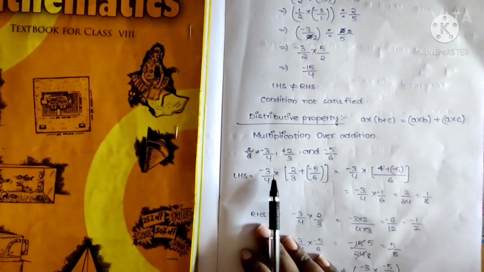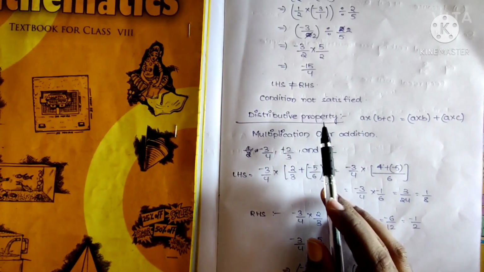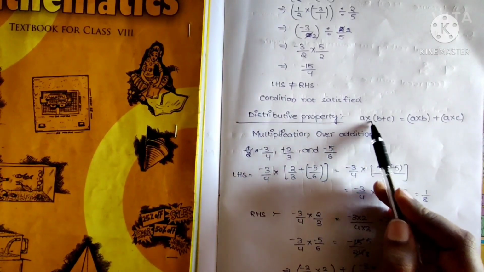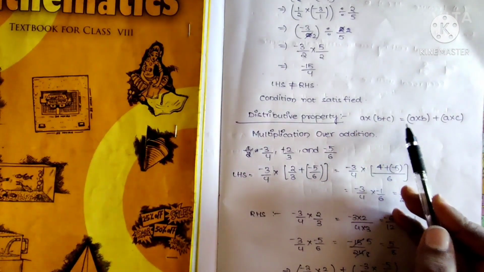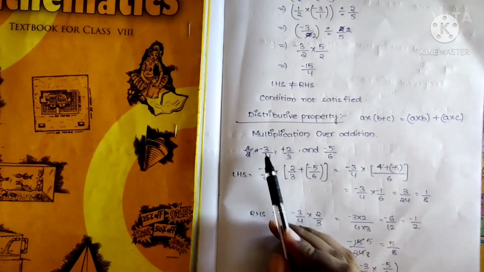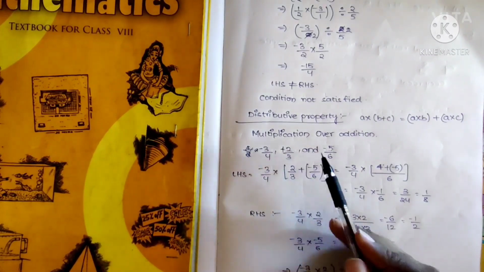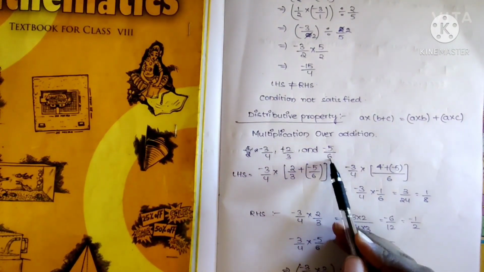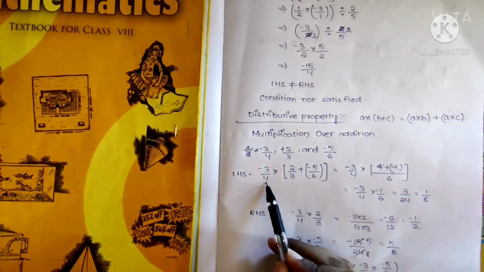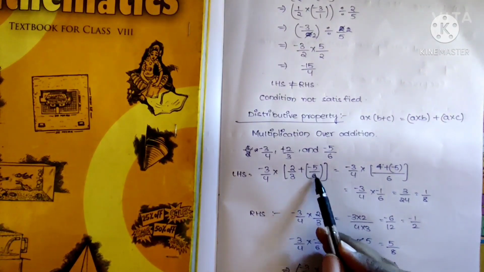Now let us see the distributive property. In distributive property, we have to see multiplication over addition, that is A into (B plus C) equals A into B plus A into C. Let us take the rational numbers minus 3 by 4, 2 by 3 and minus 5 by 6. LHS: minus 3 by 4 into (2 by 3 plus minus 5 by 6).